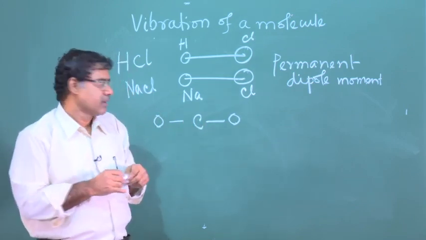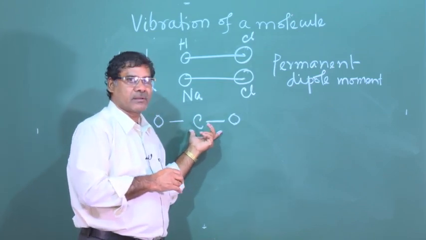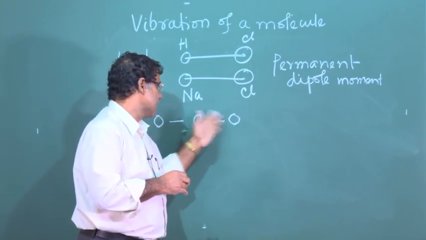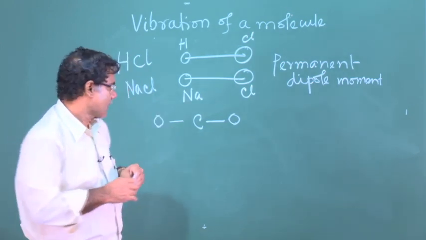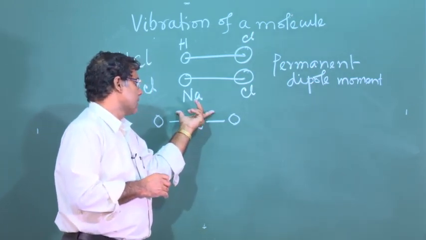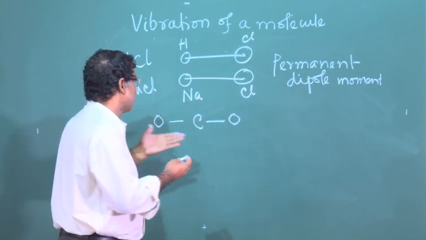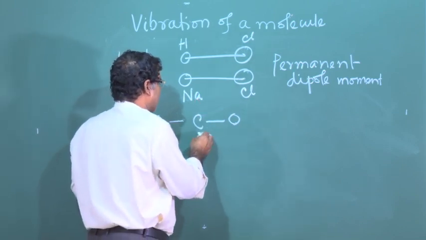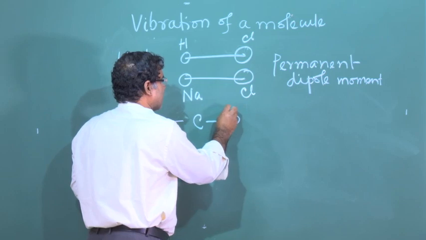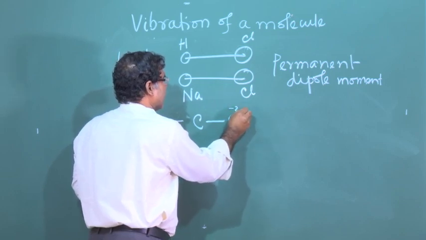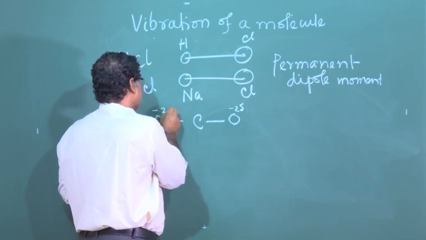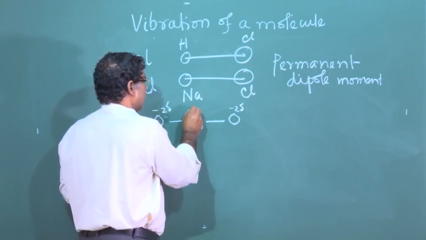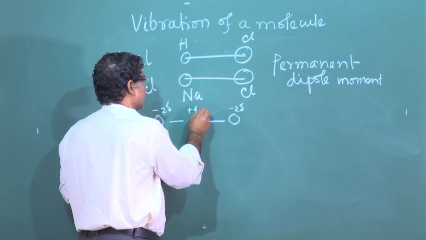In this configuration, the molecule has no permanent dipole moment. Why it has no permanent dipole moment: here is minus 2 delta charge, here minus 2 delta charge, and here plus 4 delta charge.